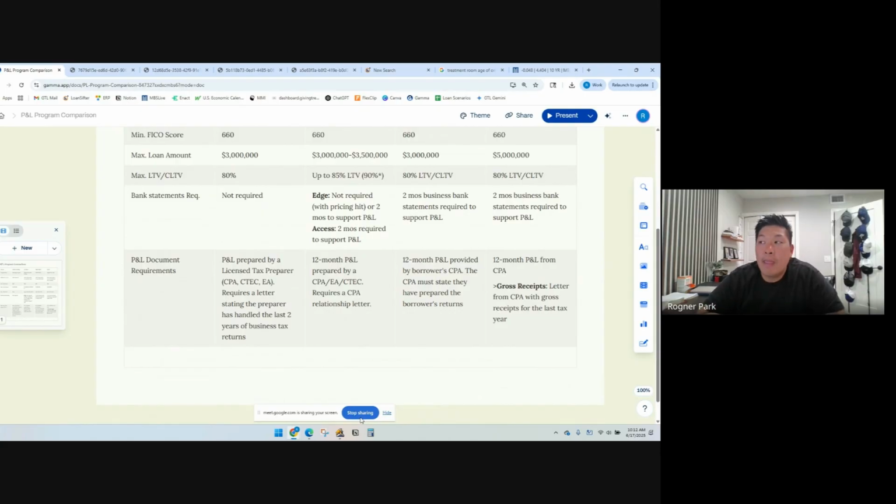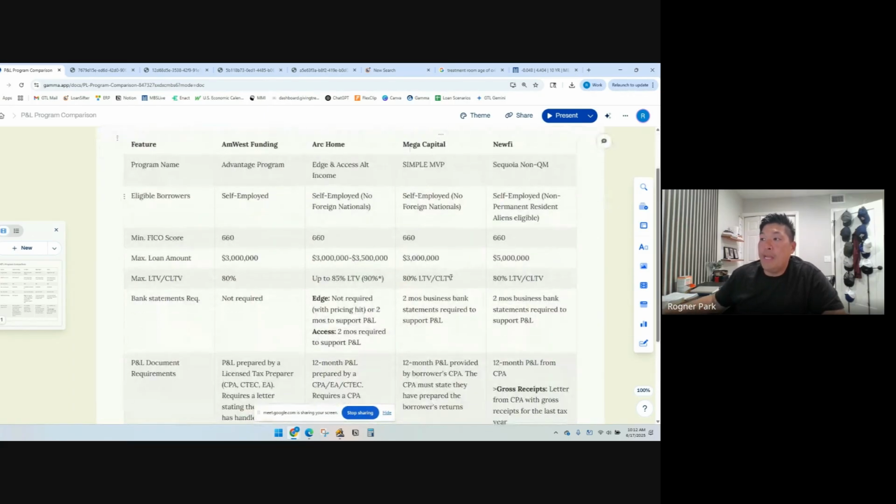So you'll see here that NewFi and Mega do require 2 months bank statements to support the P&L.